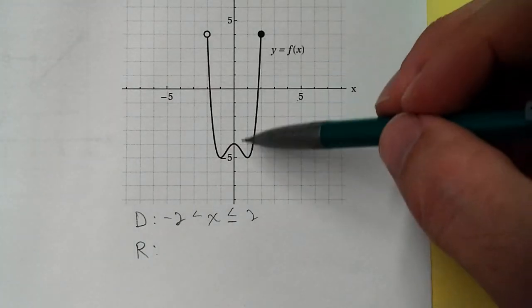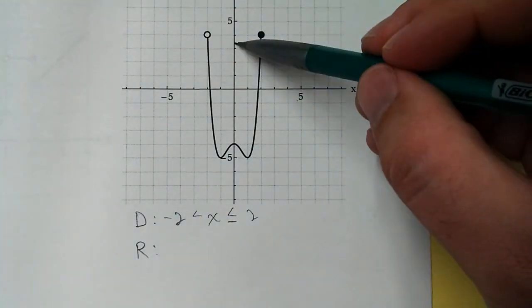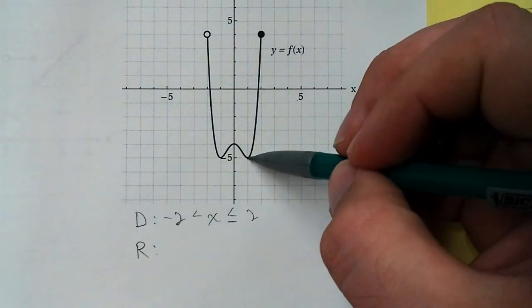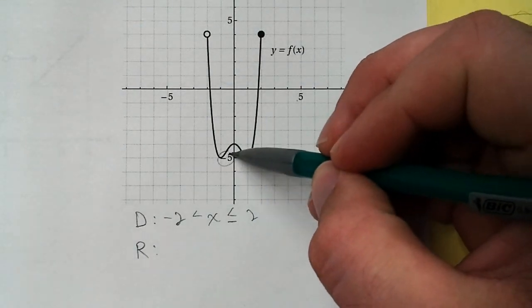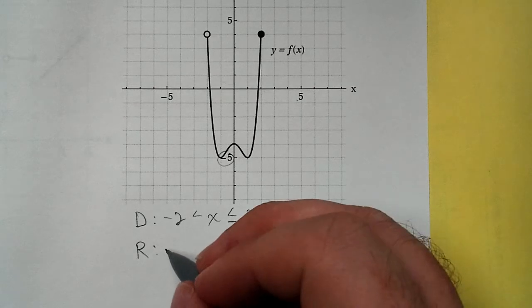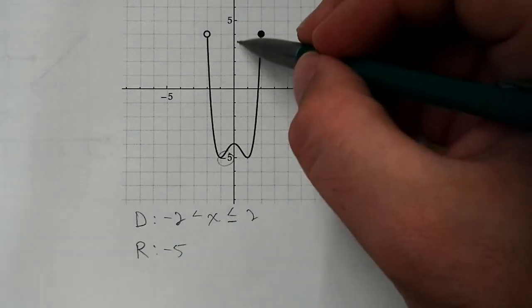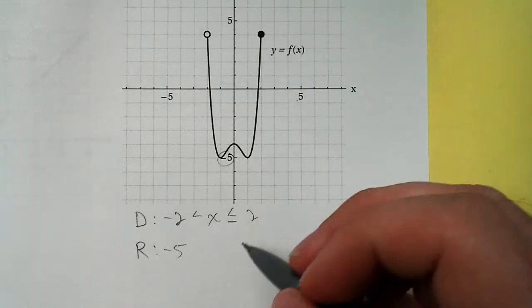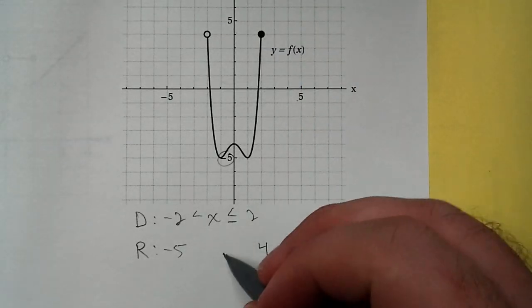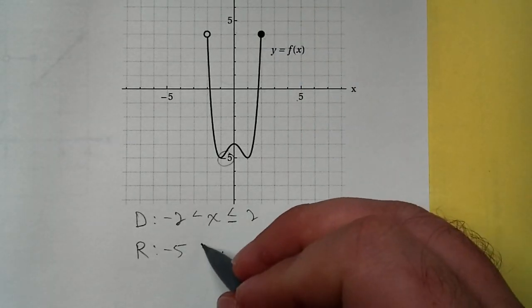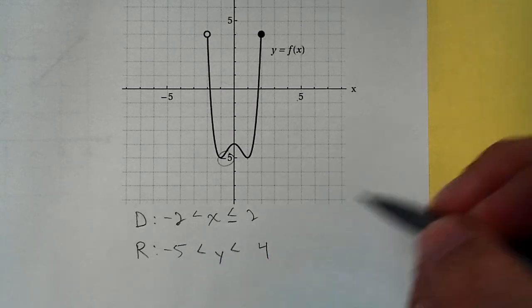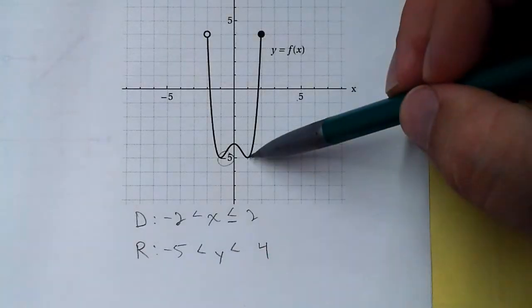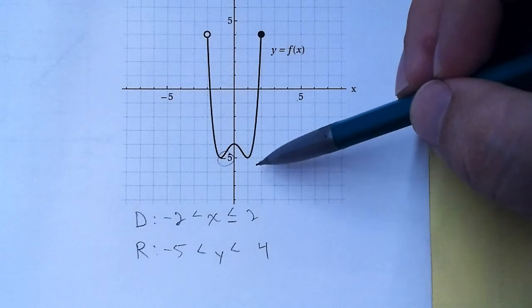Now for range, we go from the bottom to the top. We're just looking at the y values. So the bottom here is at -5. At the top, it goes up to not 5, but 4. Remember, range compares y's. Put your symbol in between. Now, over here, this is part of the line, so it's included.